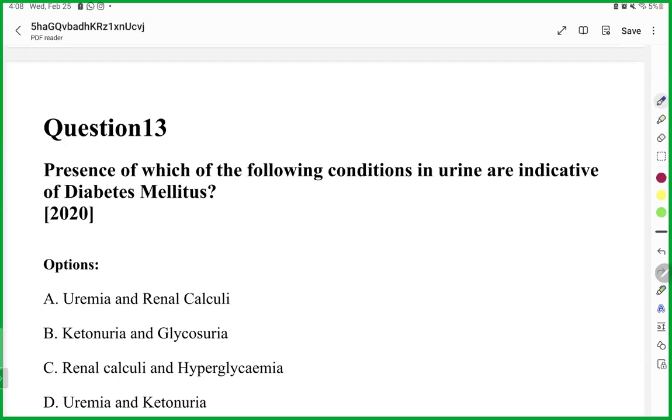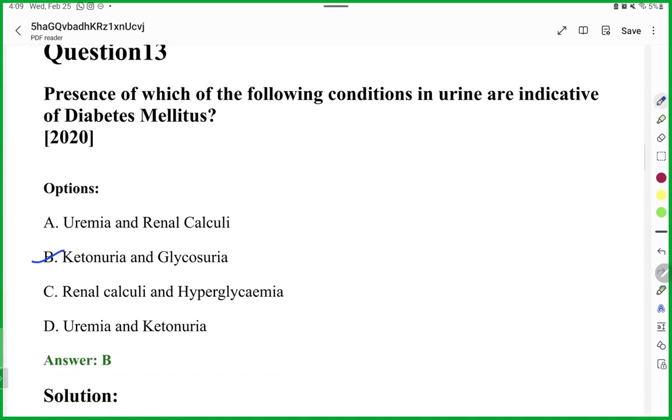So ketonuria. And I think option B, sir. Glycosuria. Yeah. So it's option B, right? Yeah.